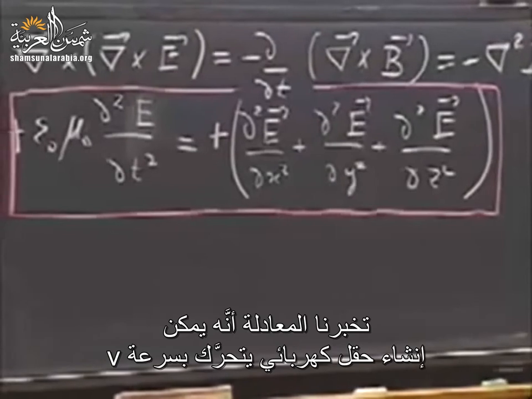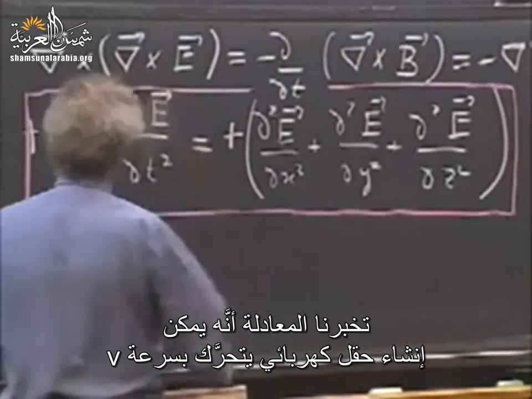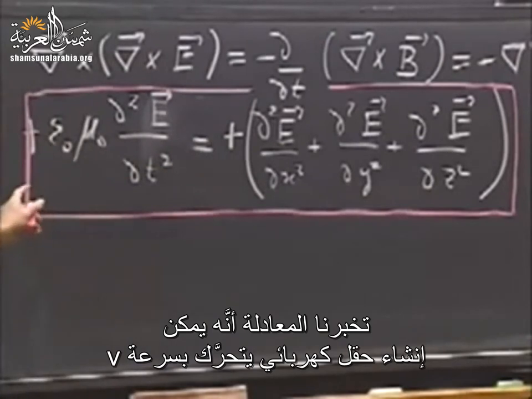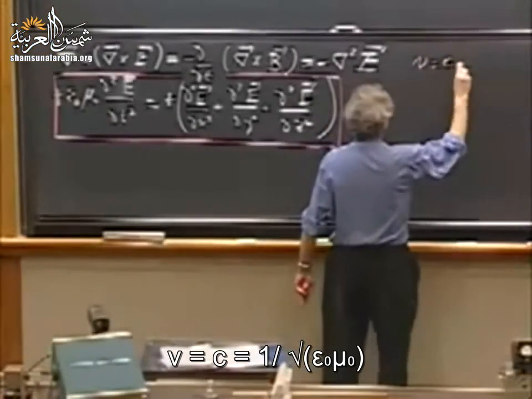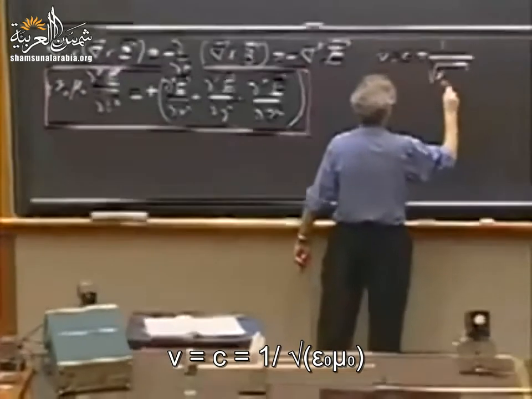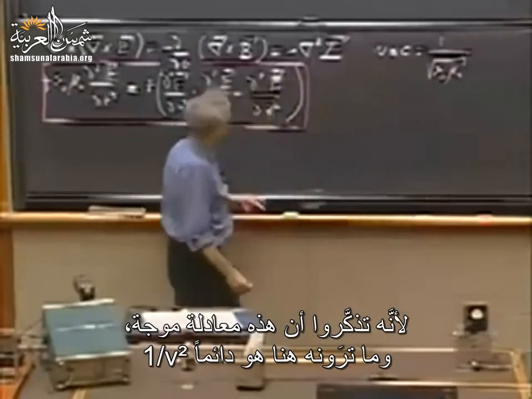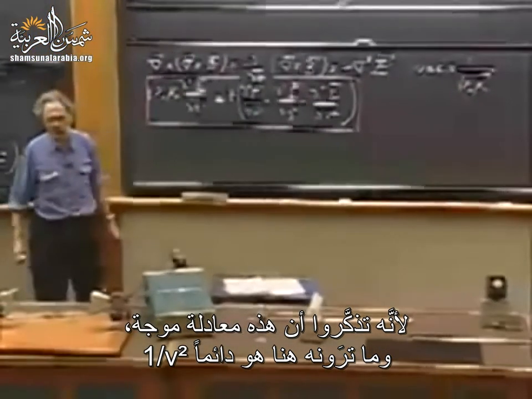So this tells you that you must be able to create electric fields, this is a vector, which move with a speed v, for which we always write c, which is 1 over the square root of epsilon 0 mu 0. Because remember, this is a wave equation, and what you see here is always 1 over v squared.